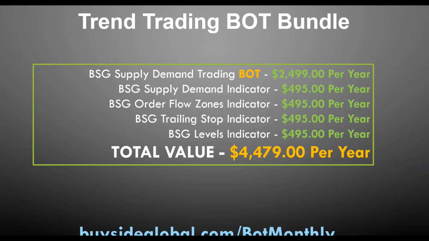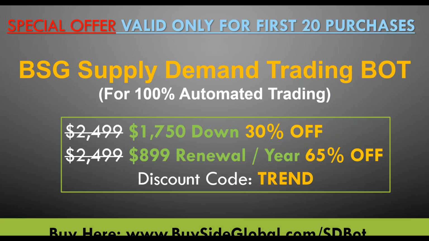The other reason we are giving the levels indicator for free if you're purchasing the bot: remember that we have the manual override, close and then enter long. Let's say you are in the trade, the bot entered the trade. You can see the bot enters the target on these BSG levels.